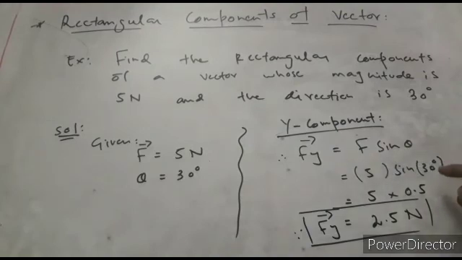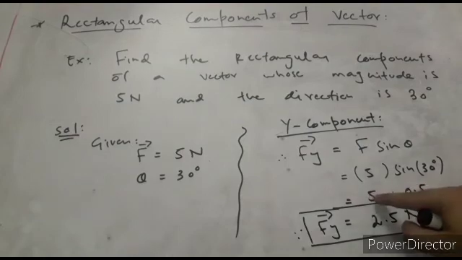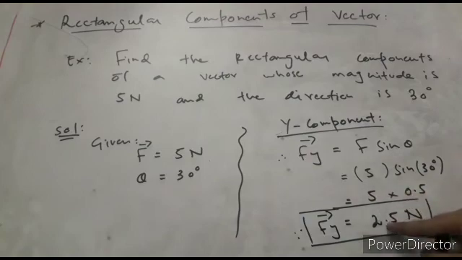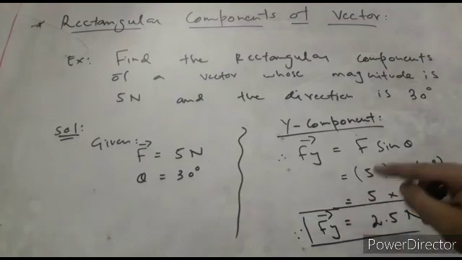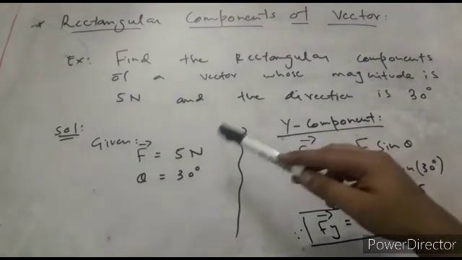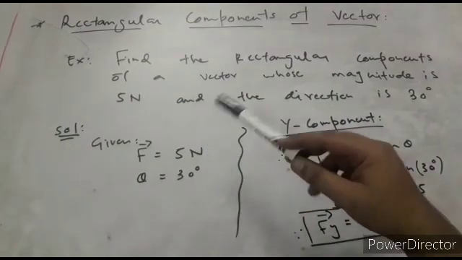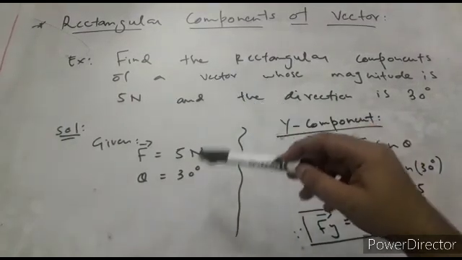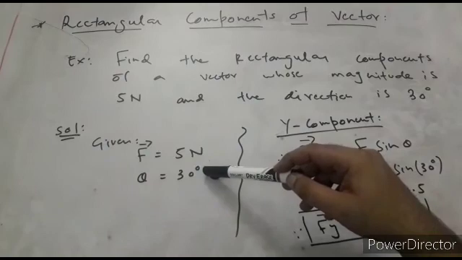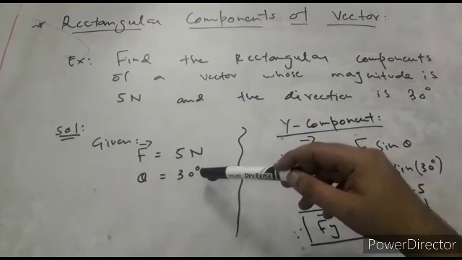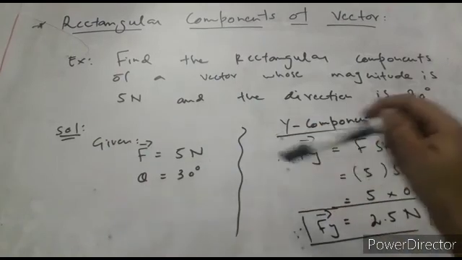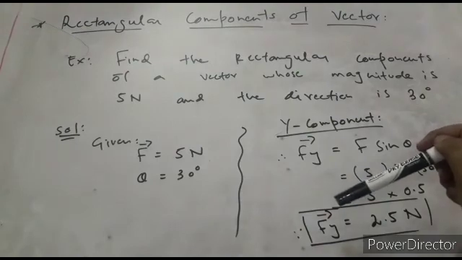With the calculator we find that sine 30 is 0.5, and then we multiply this 0.5 with 5, and the answer is 2.5 Newtons. So we can see that the y component is less than the x component because the vector F is leaning more towards the x-axis, because the angle is 30 degrees. If the angle was 45 degrees, both the x and y components would be the same.